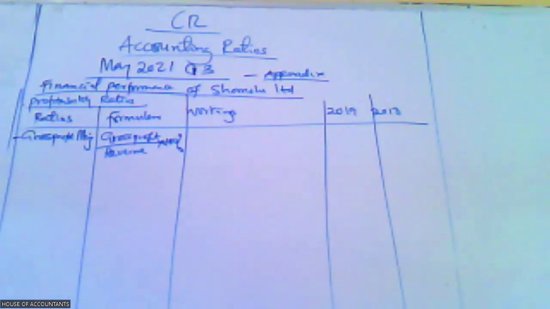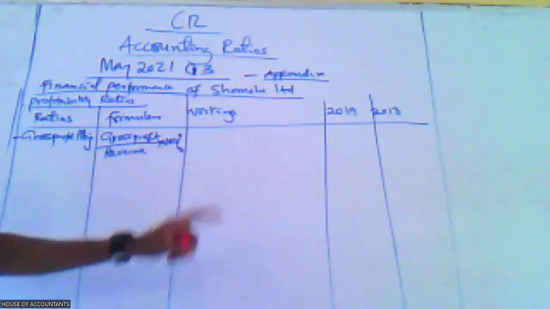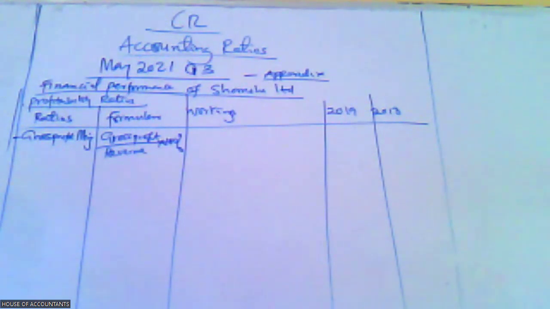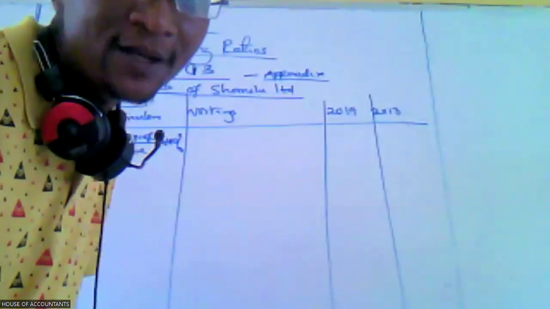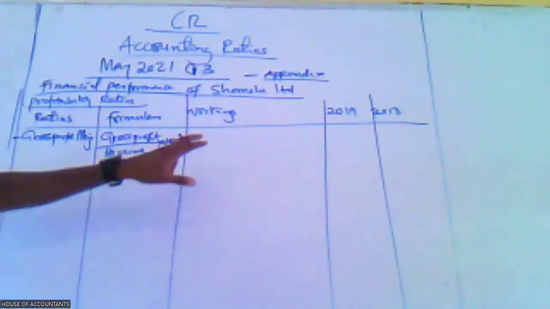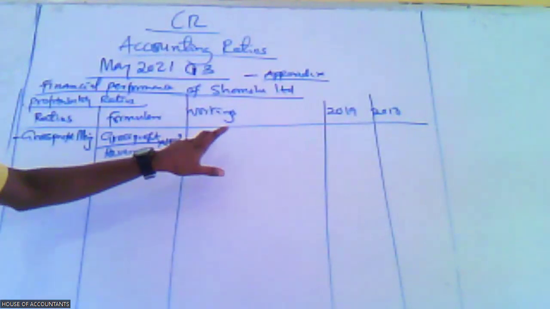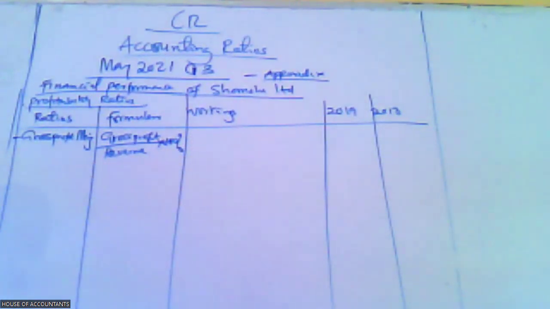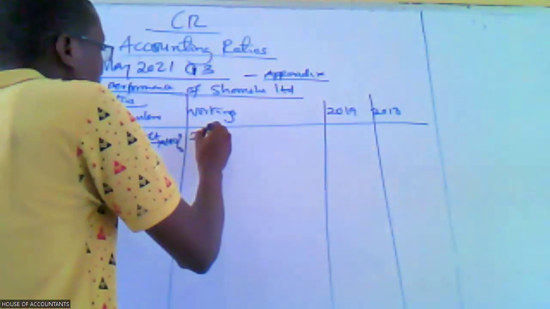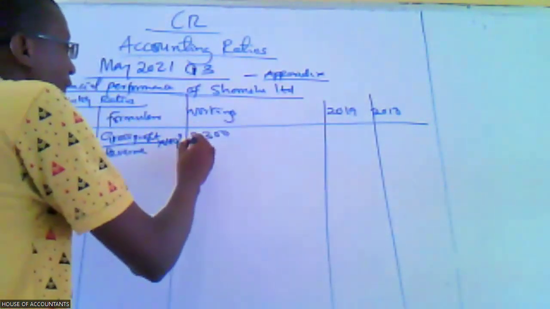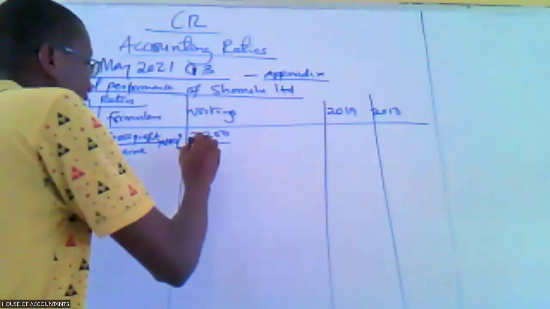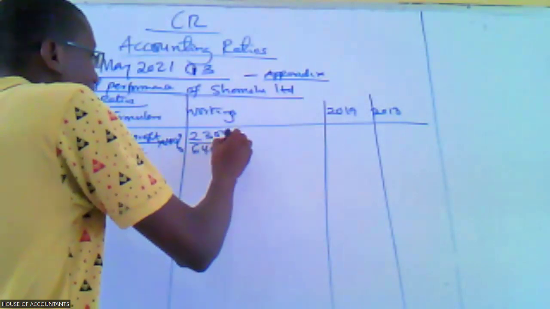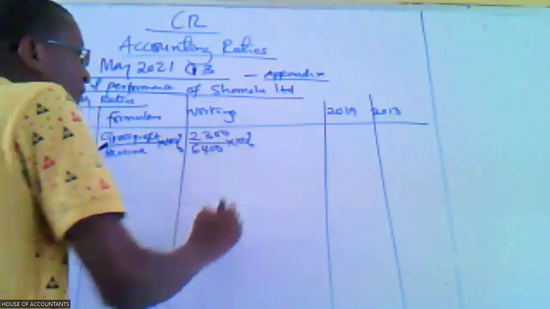So you can start the workings here. For 2019, what is our gross profit? 2,300 over what's our revenue? 6,400 multiplied by 100%.